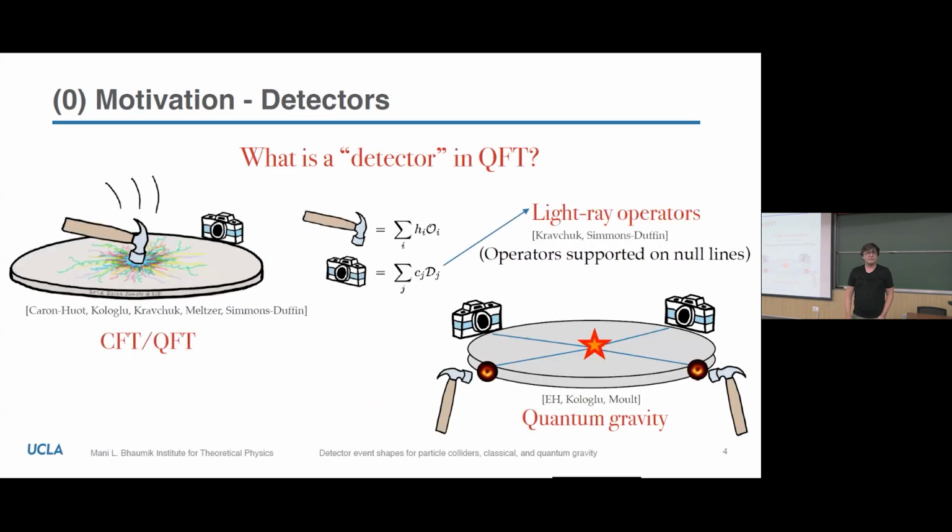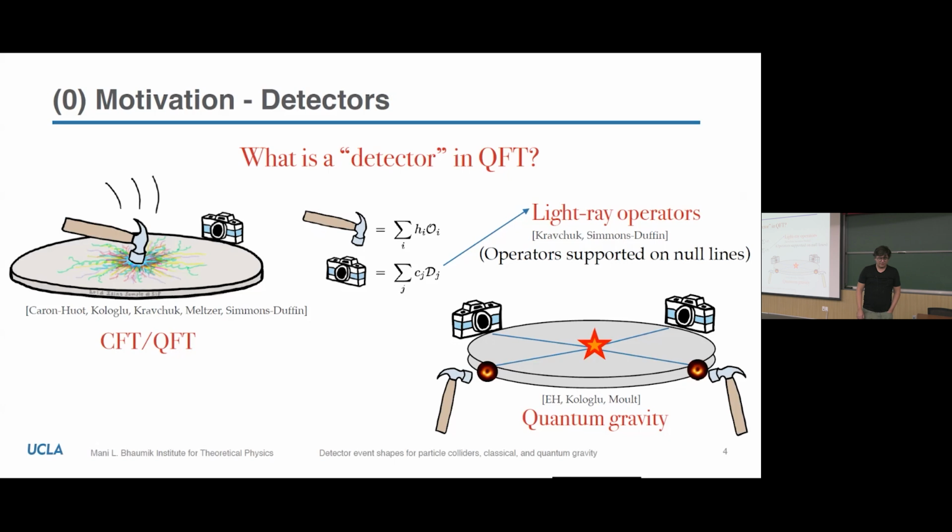But in recent years, there's been an increased understanding of how we should think about these detectors in the language of quantum field theory. That goes back to some work with, amongst other people, Simon Caron-Huot, David Simmons-Duffin, and others, in quantum field theory, in particular conformal field theory.